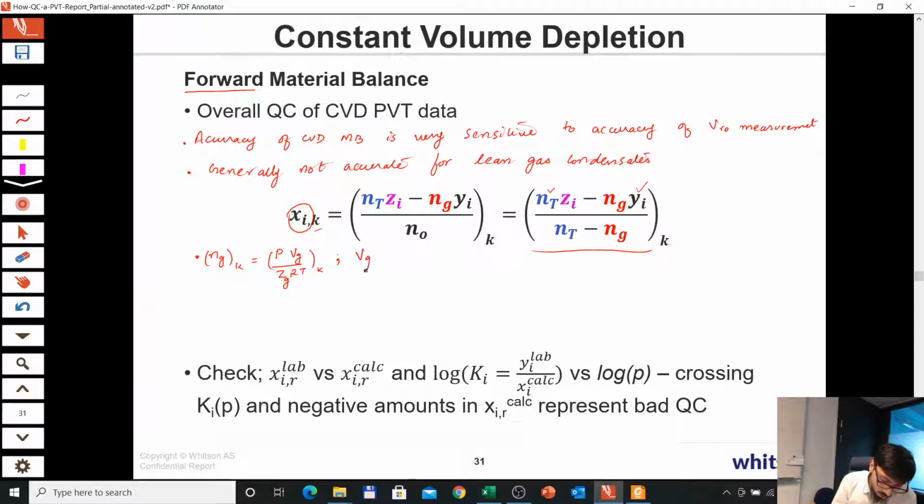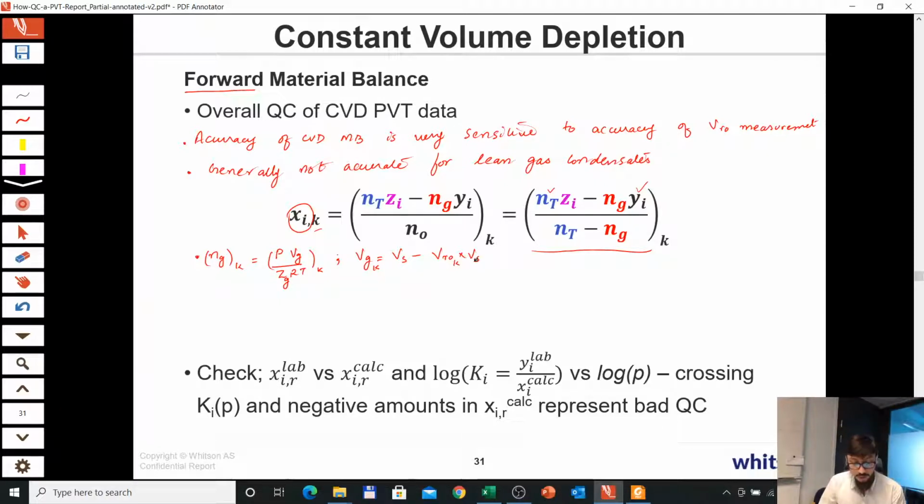So Vg at any given pressure is equal to the total volume, which should be the same as the initial volume, minus the VRO at any given pressure K, the relative oil volume, times Vs, the saturated volume.